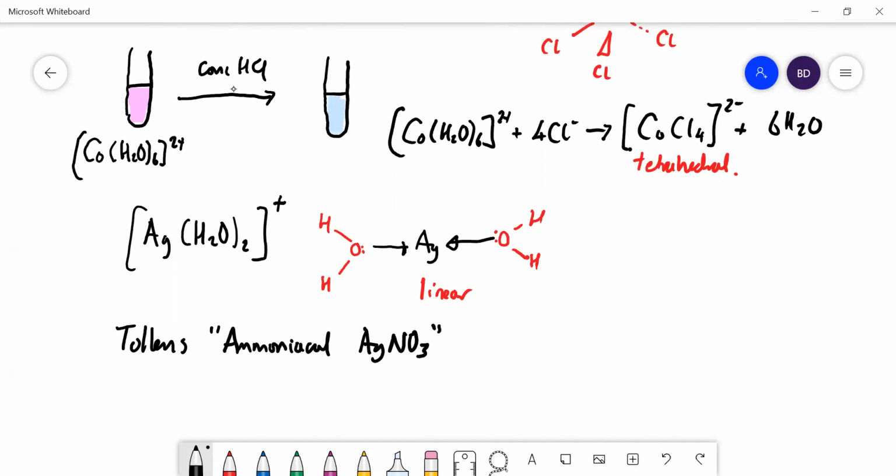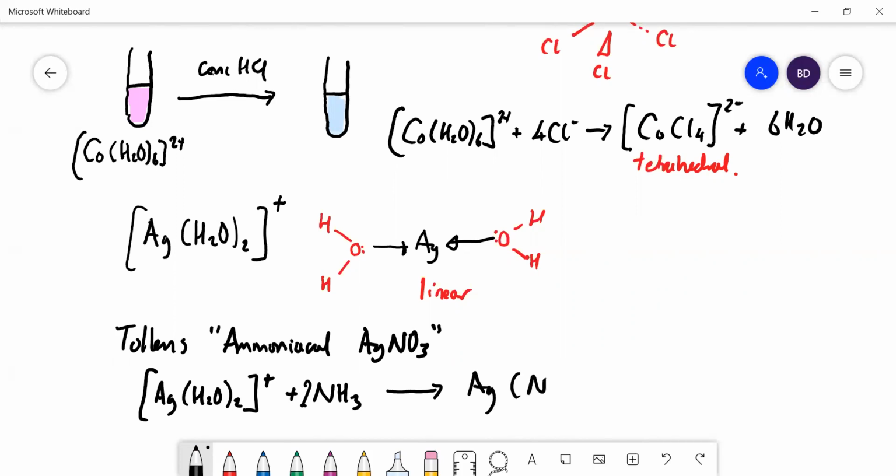And to make Tollens reagent, you start off with Ag(H2O)2, and you add some dilute ammonia to it. So you add NH3. You're going to need 2 of those because you're going to have to kick both waters out, and you end up with Ag(NH3)2, and you've got a positive charge. And this is the species that you've got present in Tollens reagent.